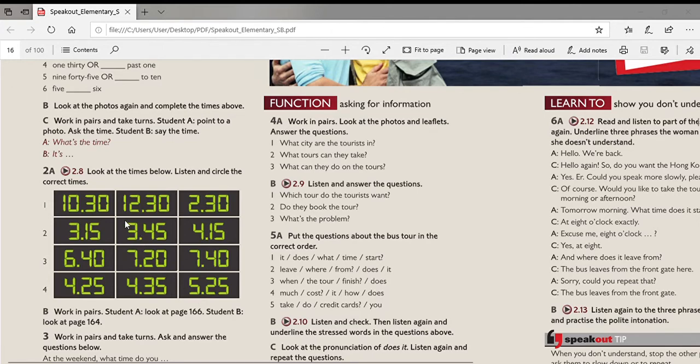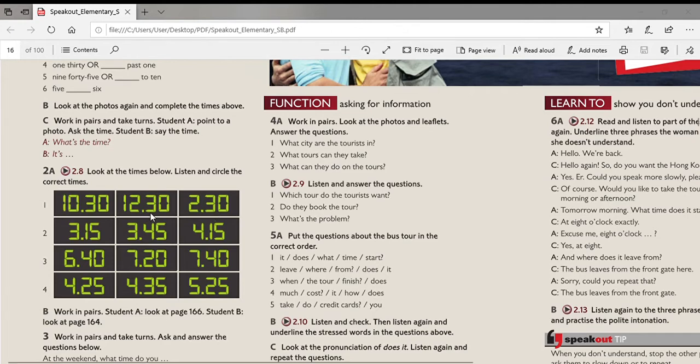Now, if you pay attention, in the first row we have 30 minutes, and everywhere we use 30 minutes as half, and after that the preposition past. So it's 10:30, 12:30, 2:30.